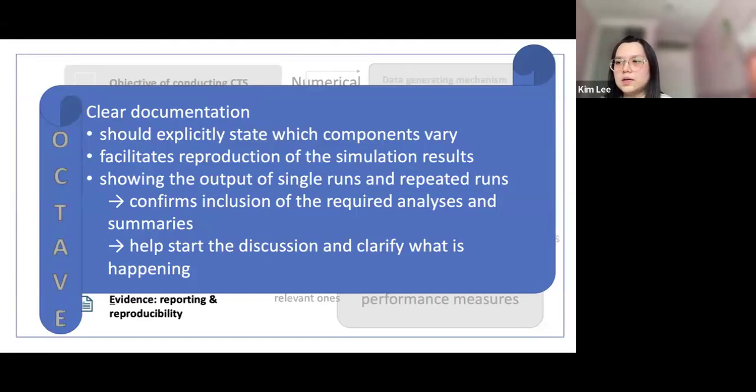Recording the output of single runs and repeated runs prior to running the simulation on full scale can confirm inclusion of the required inferential analysis and summary measures that reflect the properties. Using this simulation output can also help start the discussion and clarify what is happening with stakeholders. So I hope you now see how the OCTAVE framework structures the details of clinical trial simulation.